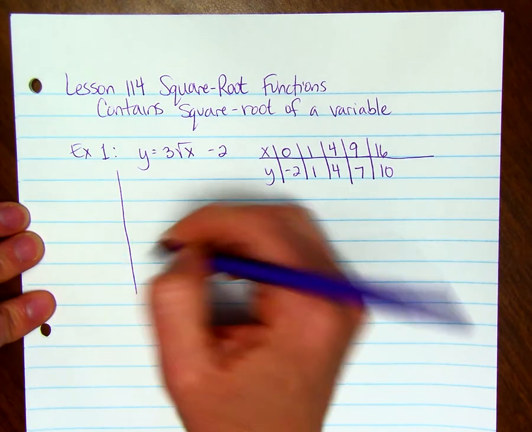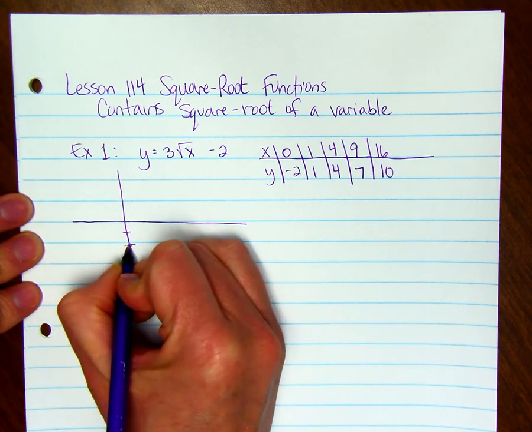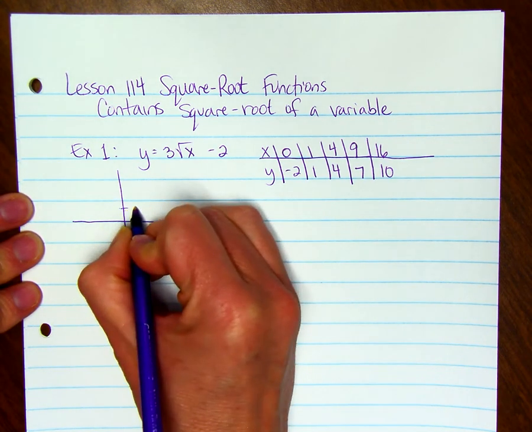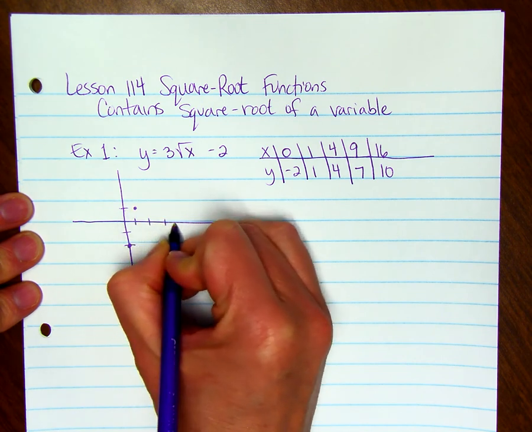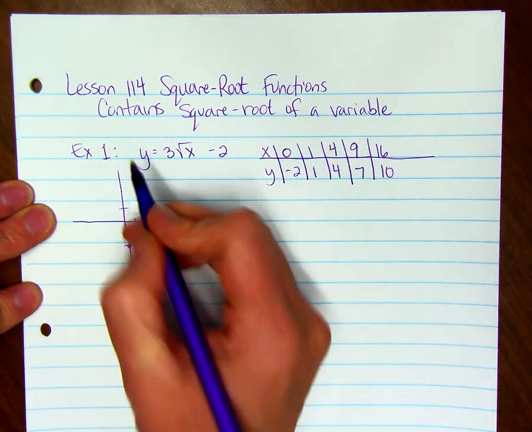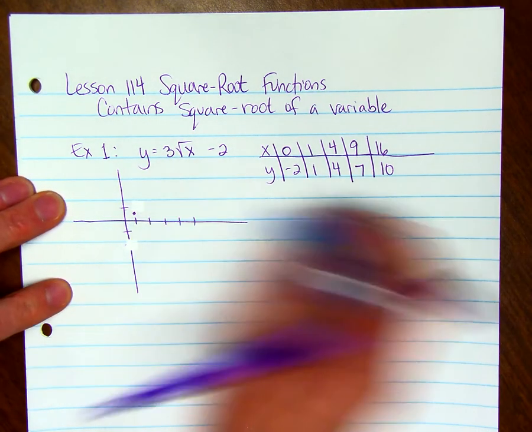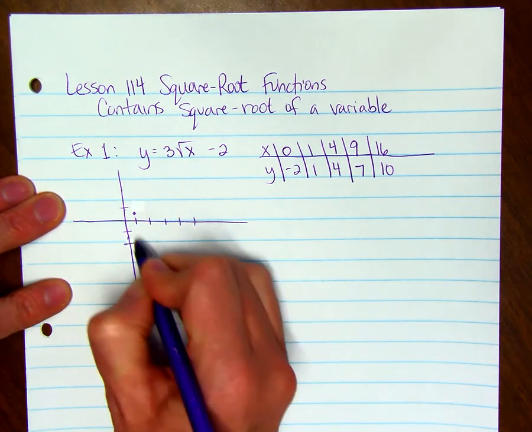So when we graph these numbers, we have 0, negative 2, 1, 1. Maybe we should count by 2s on my axis. There we go. If we count by 2s, then this one will be right here.